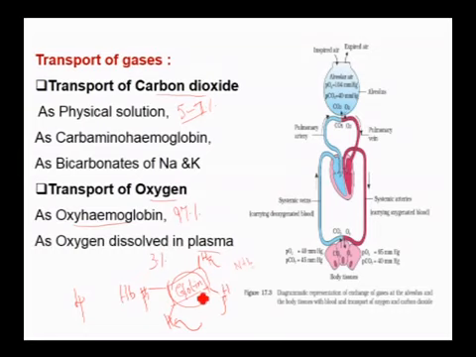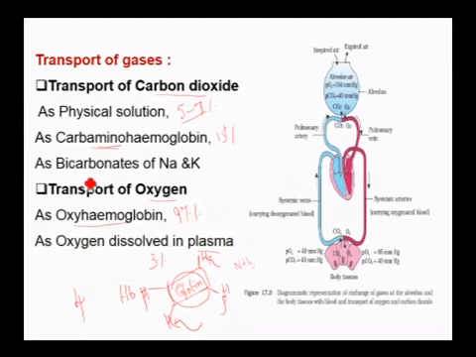So to the amino group, carbon dioxide goes and binds. So one hemoglobin molecule can carry only one carbon dioxide molecule. When it binds, it forms carbamino hemoglobin. In this way, nearly around 15% of it is transported, 15 to 20.